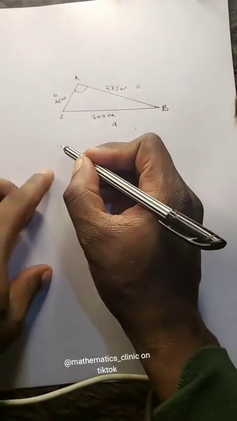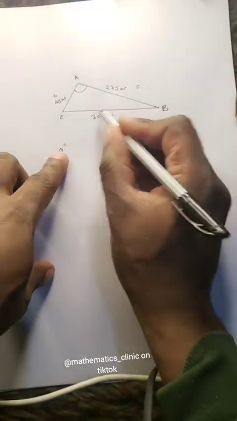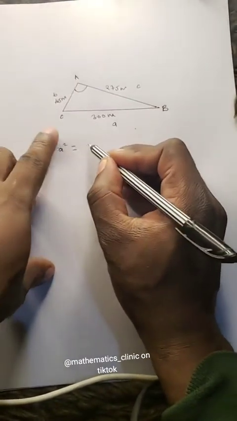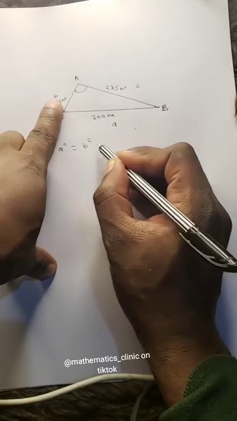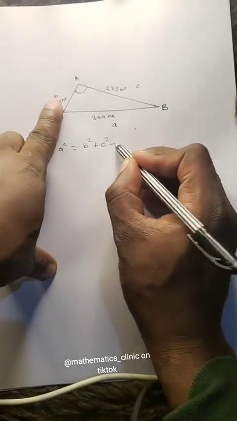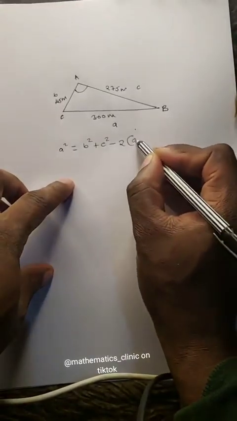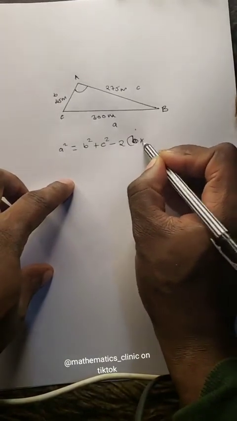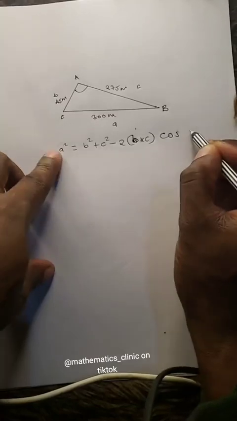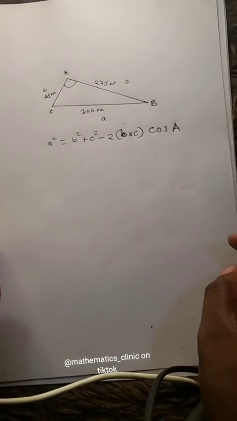So we say a squared, this side, is equal to b squared plus c squared minus 2 open bracket b times c, then cos capital A. That's the formula we use for cosine rule.